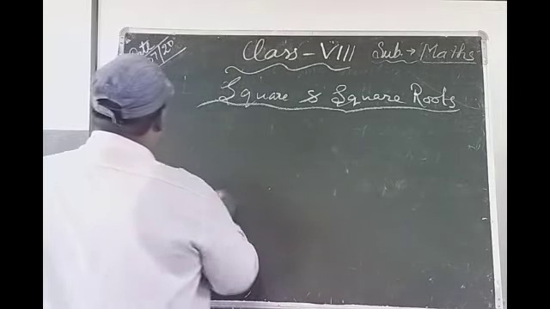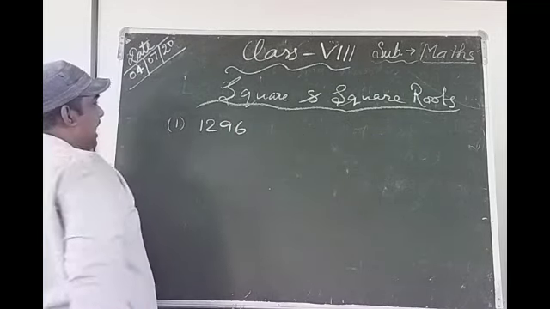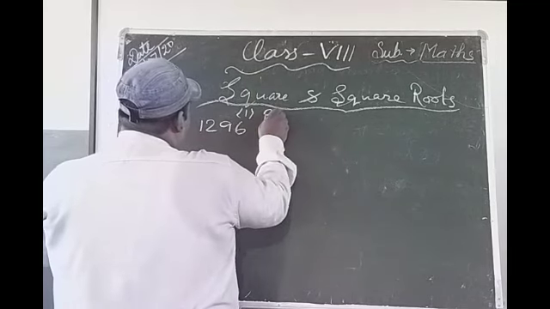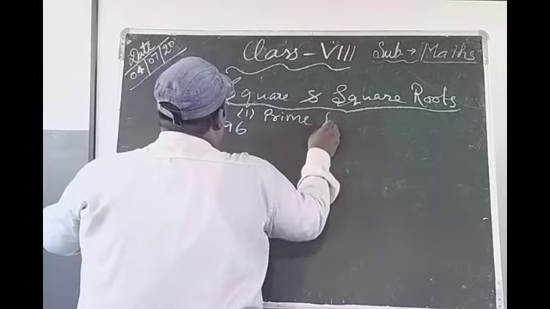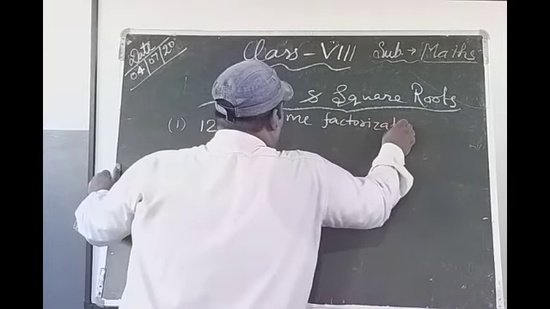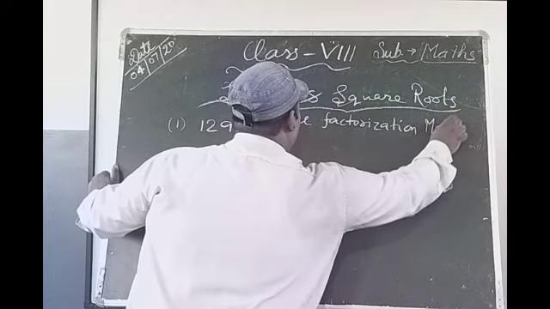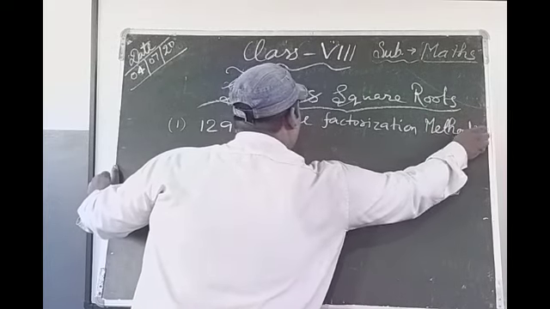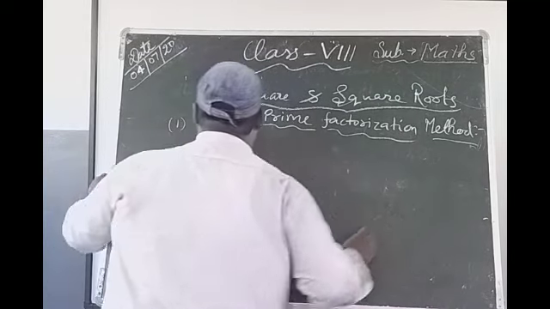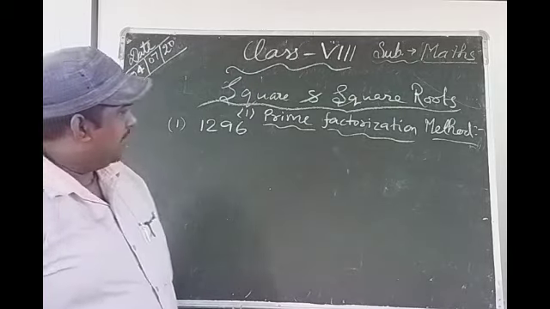How will we find it? Suppose any number is given. Suppose we have 1296 and we have to find its square root. Now we will use the prime factorization method.